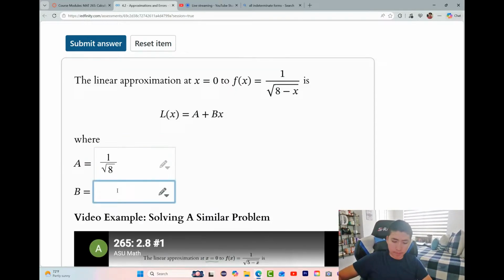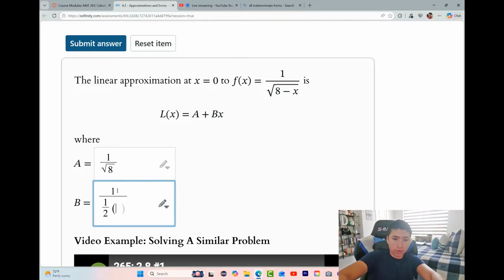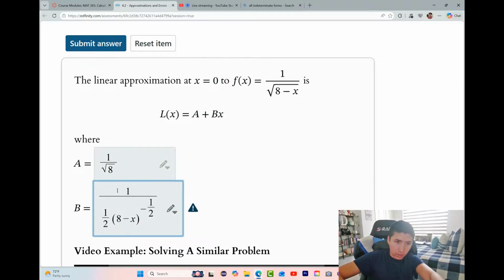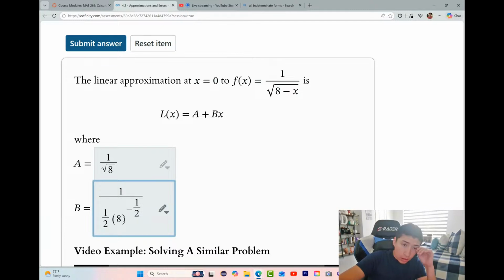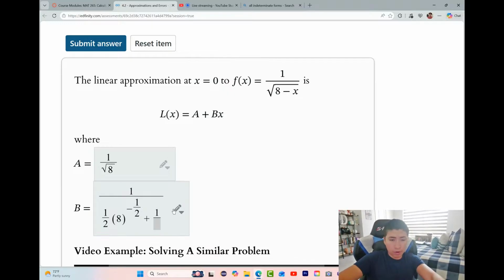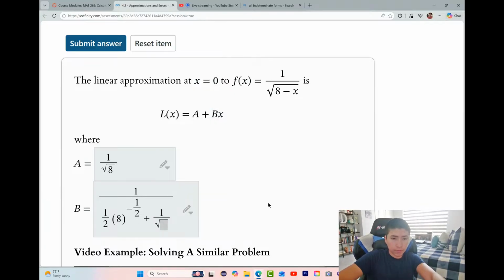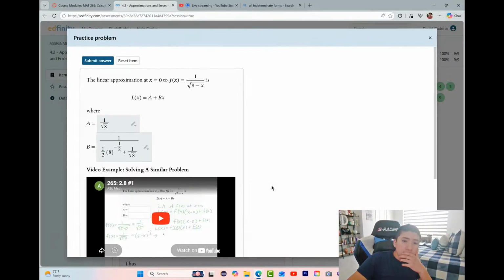I believe so. And then here we're going to have 1 over 1 half 8 minus x to the negative 1 half. Oh, at x equals 0. So there we go. Plus 1 over square root of 8. That should be it.